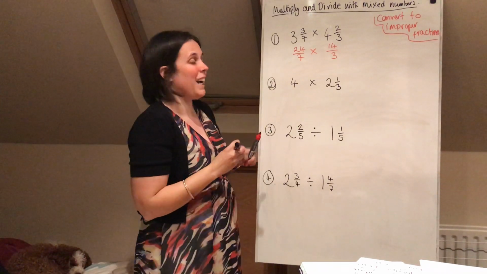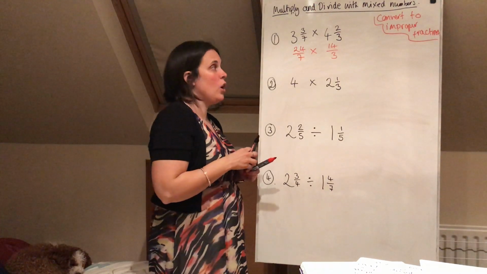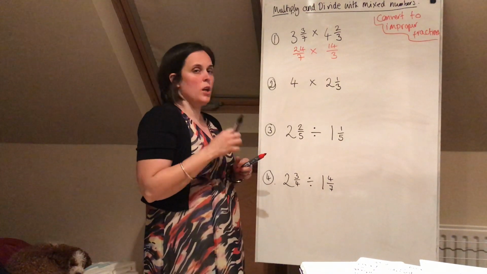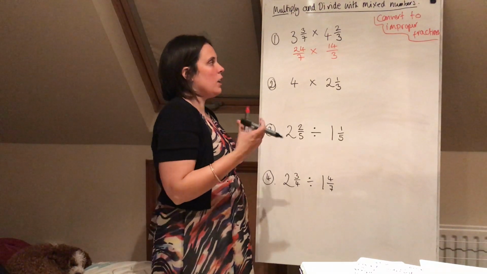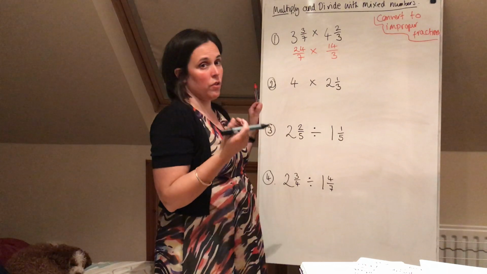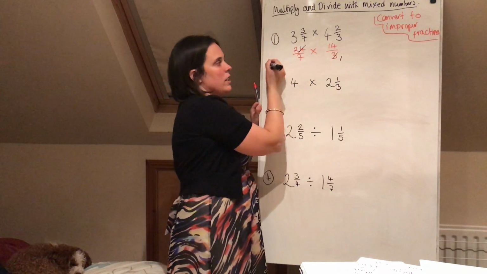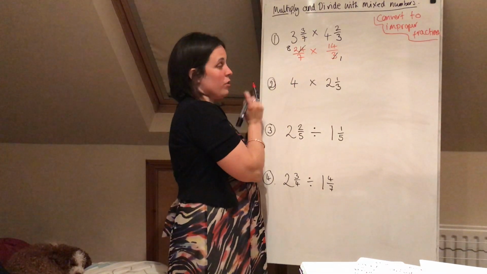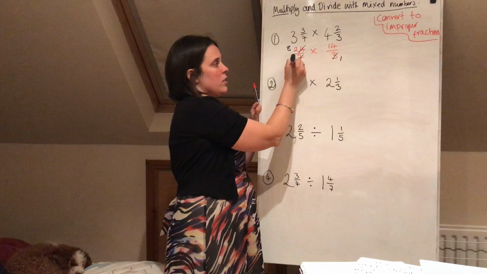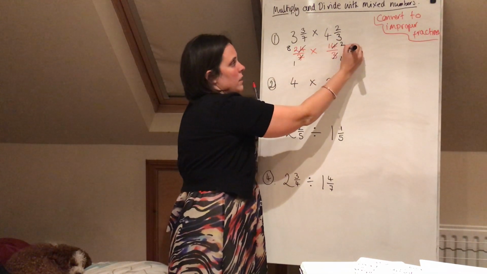So we look for anything we can cancel, and if you remember from the previous video on multiplying fractions, we can cancel any numerator with any denominator. Here I've got a common factor of 3 first of all. 3 goes into itself once, 3 goes into 24 eight times, and I've also got a common factor of 7. 7 goes into itself once, and 7 goes into 14 twice.